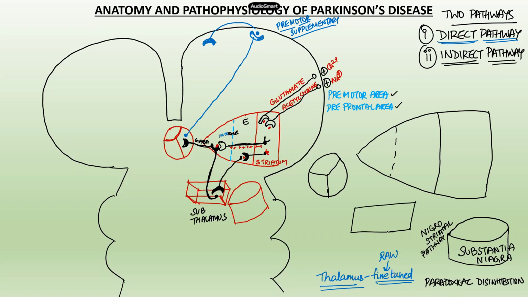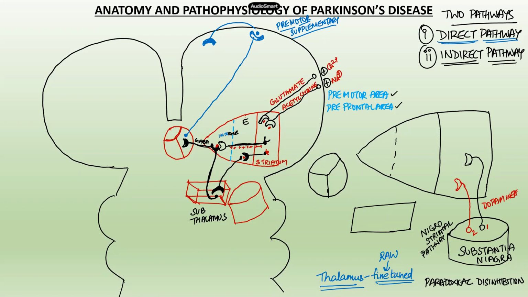Right. So now what happens is from the substantia nigra there arise two neurons. Right. So let me draw neuron number 1. This is neuron number 1 and this is neuron number 2. Now, the point of importance of these neurons is that both are dopaminergic neurons.